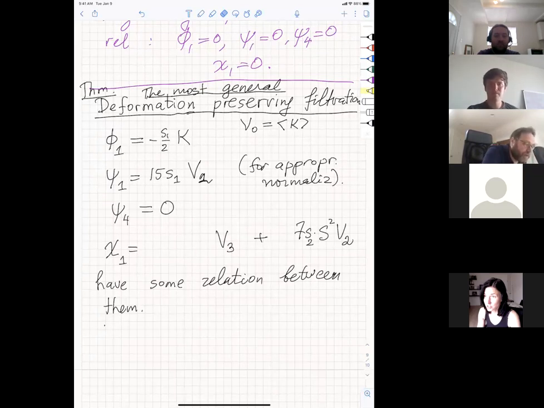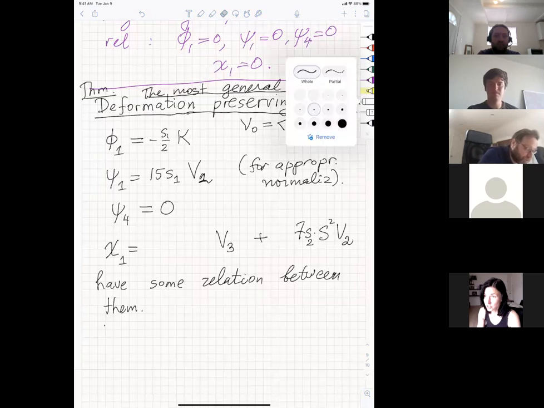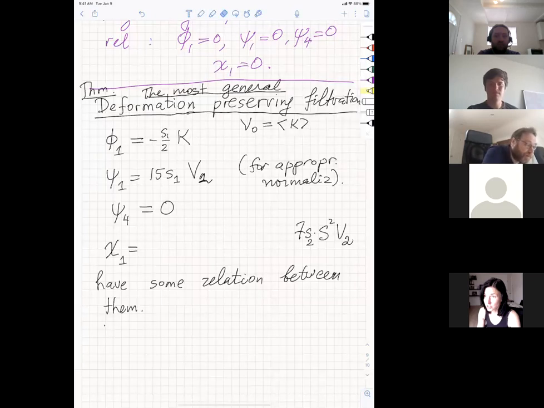Maybe I should say, okay, so there is a V3, but there is also V1 times V3. And so the coefficient of V3 is 90 S1, and the coefficient of V1 times V3 is 42 S2.